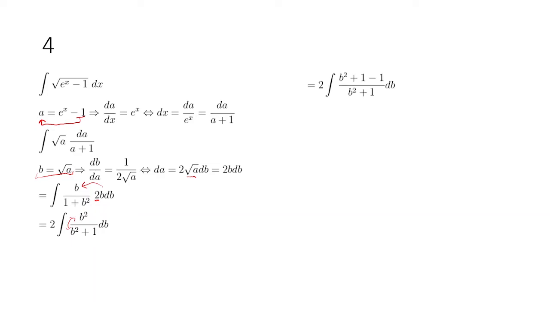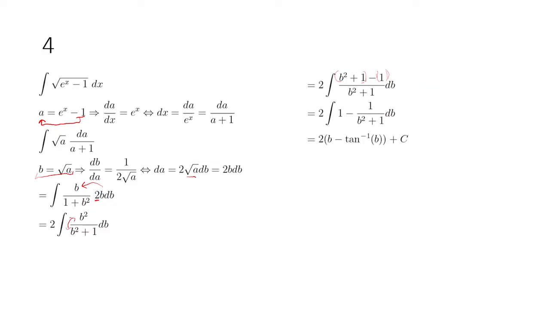We'll notice that b squared is nothing but b squared plus 1 minus 1. So we can just factor this one out and this one out, and we would get this equal to 1 minus 1 over b squared plus 1, dB. Now we can do the integration more easily.